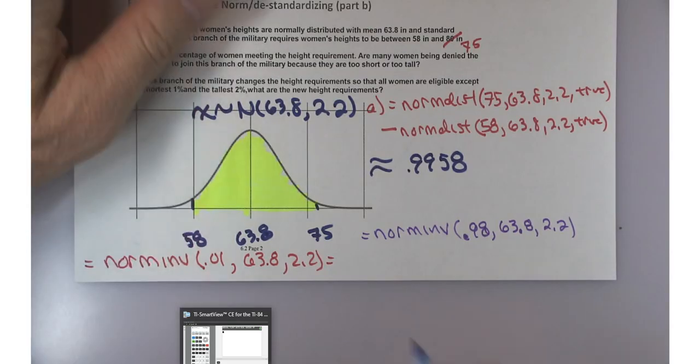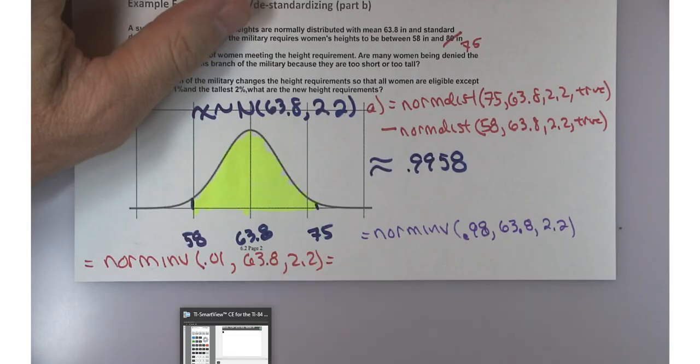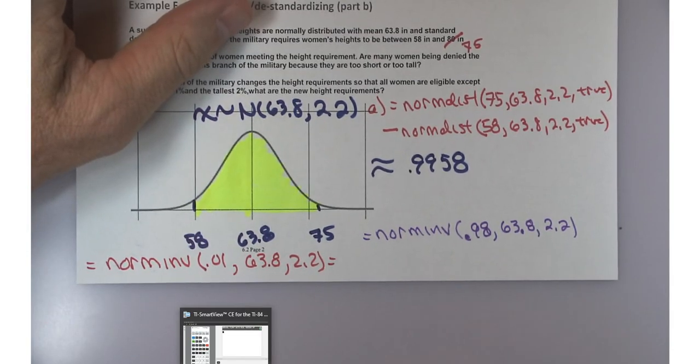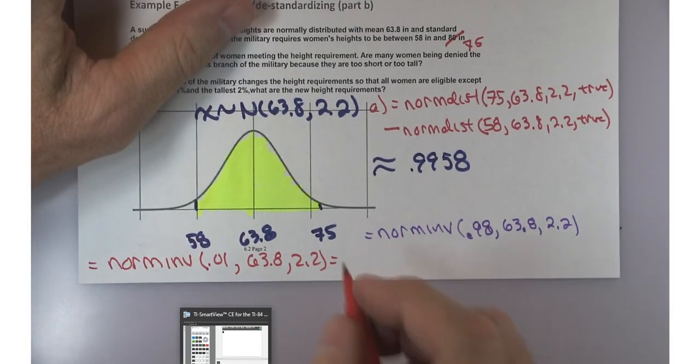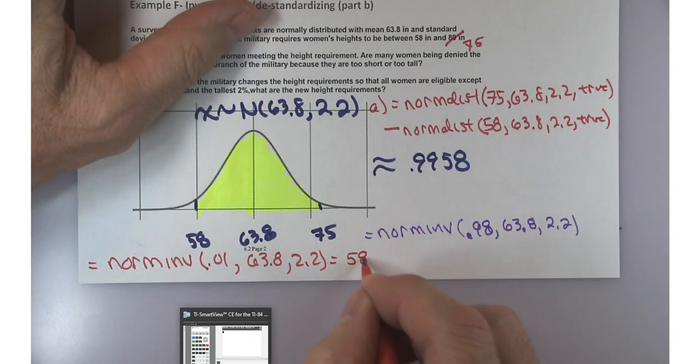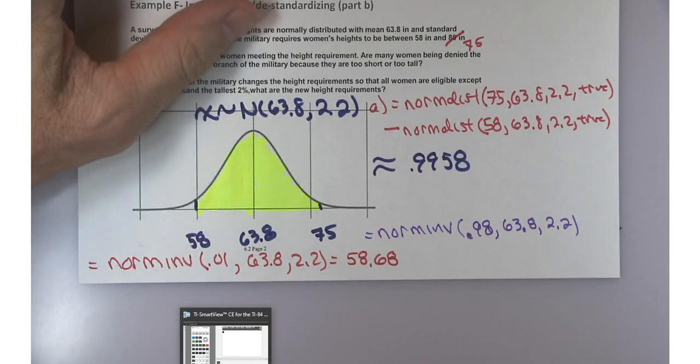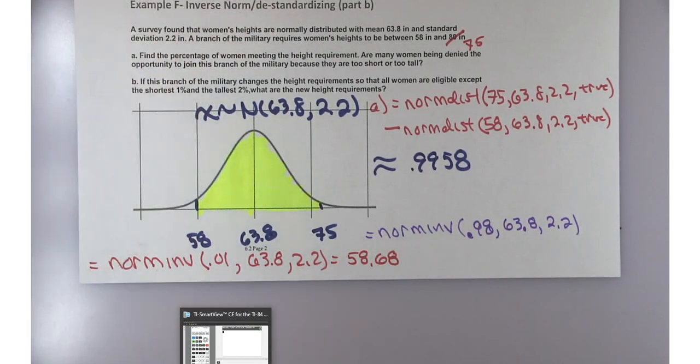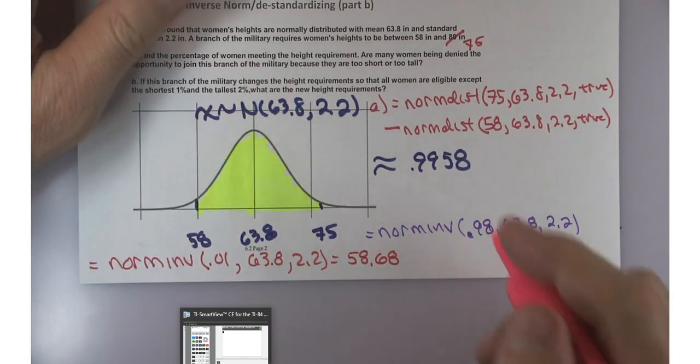So on this end of things, about 58.68. Is that what you're getting here? And check yourself on the other one as well, please. You should get something around 5'8".